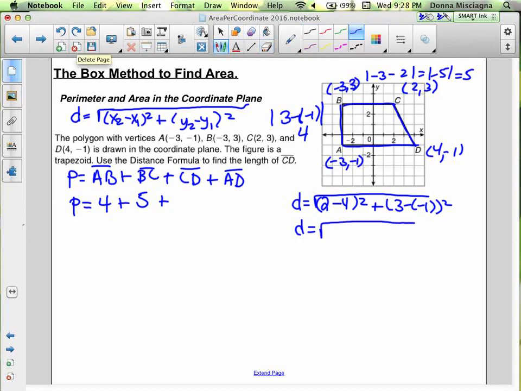Two minus 4 is -2, and then minus a negative is a plus. So that length is going to be the square root of 4 plus 16.